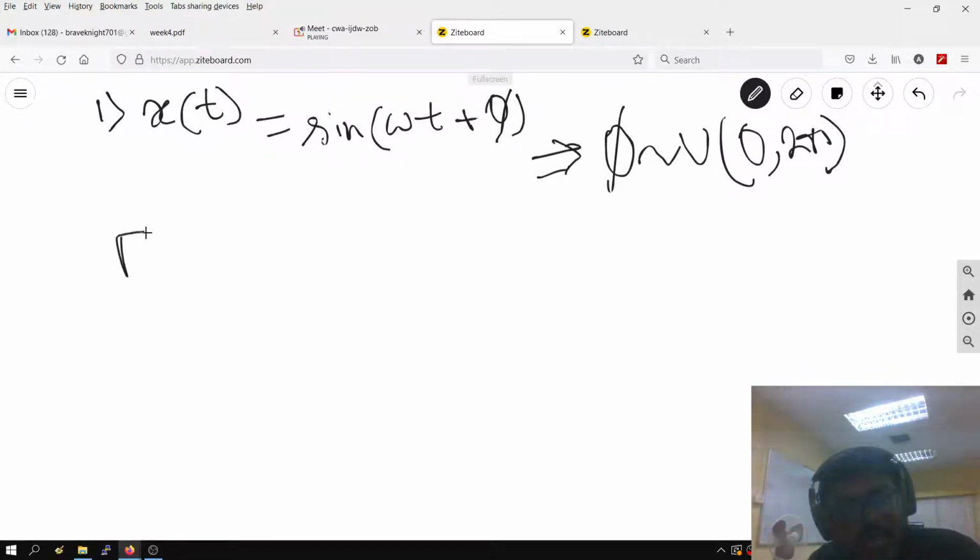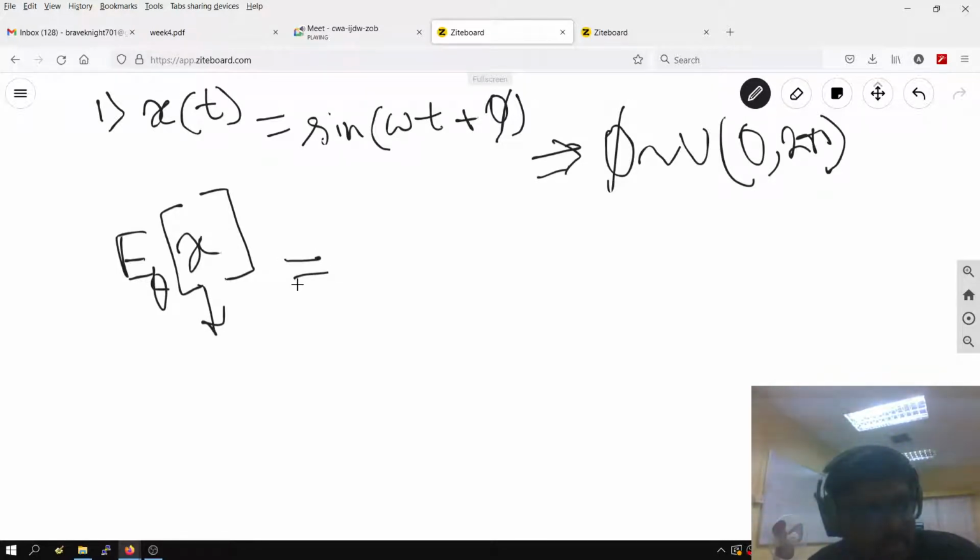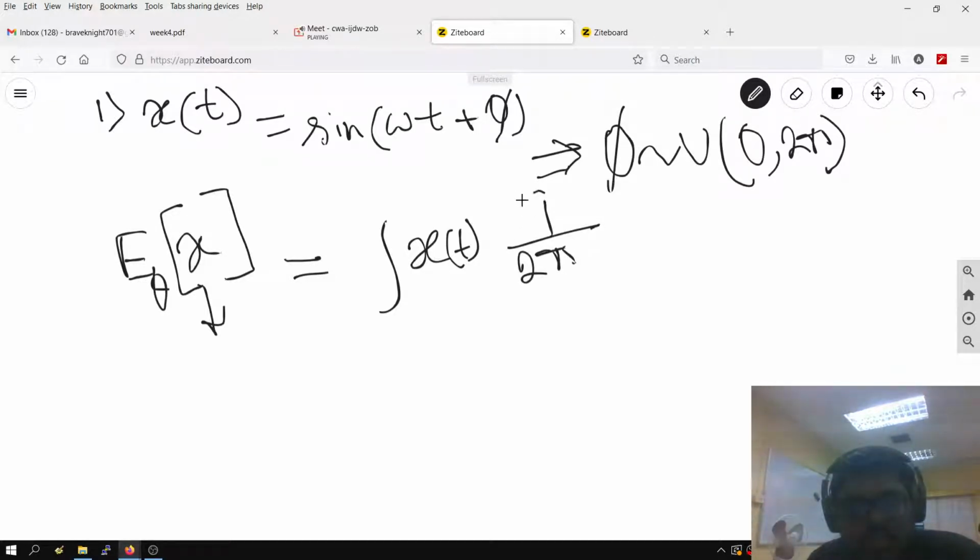So how do I calculate the mean? The expectation of x is over theta, because theta is the only random variable here. So that is x(t) over 2 pi. This is the PDF for uniform distribution.